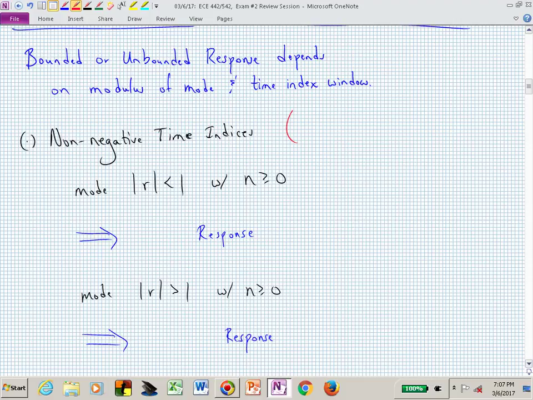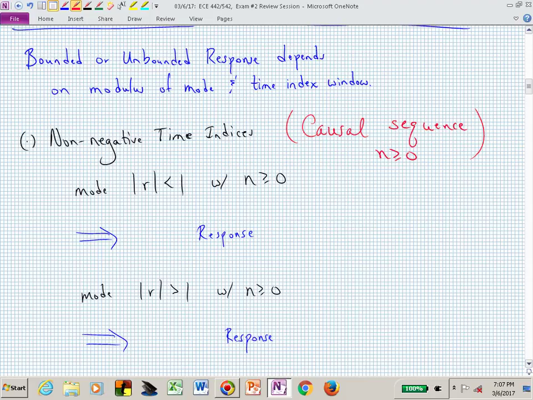If it's one-sided, is it causal or non-causal? So this is actually a causal sequence, where n is non-negative. Now, that means what's our region of convergence? It's unbounded, isn't it? It's beyond all of our poles.